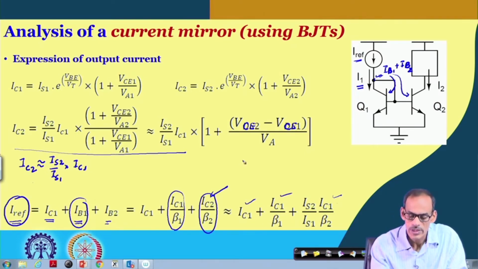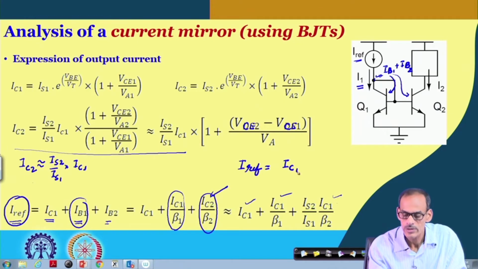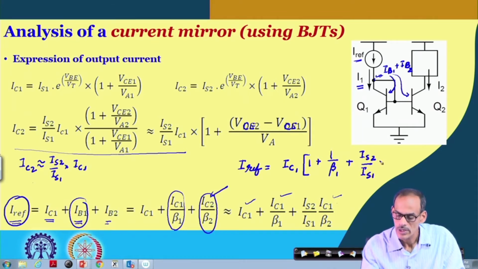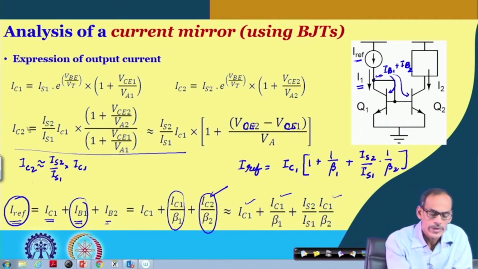So, we can say that Iref equals IC1 multiplied by 1 plus 1 by beta1 plus IS2 divided by IS1 into 1 by beta2.